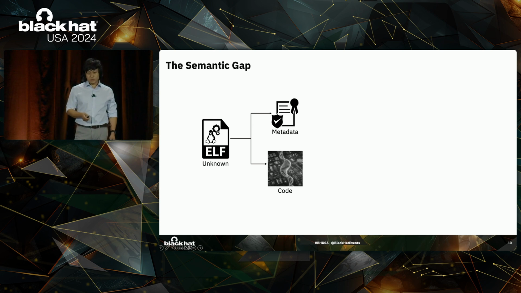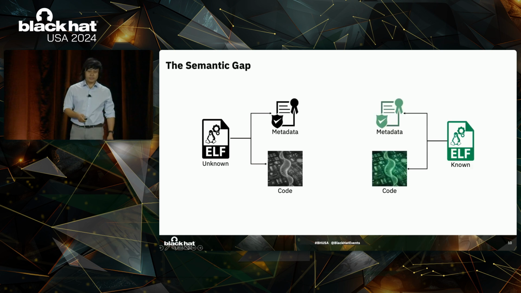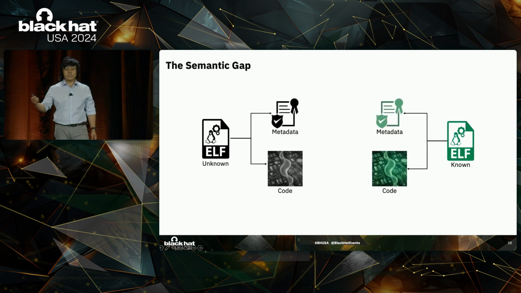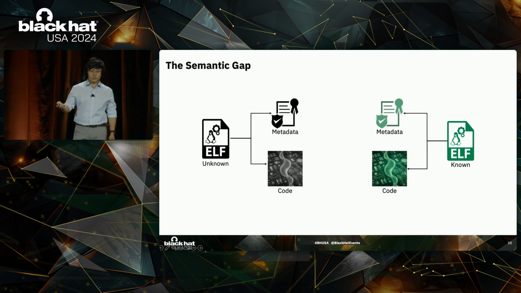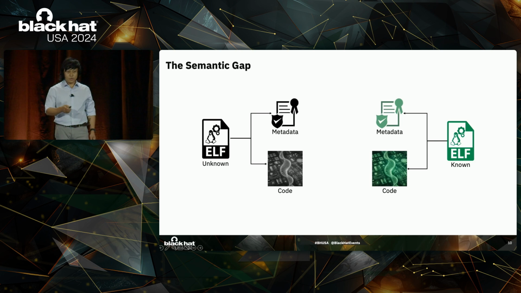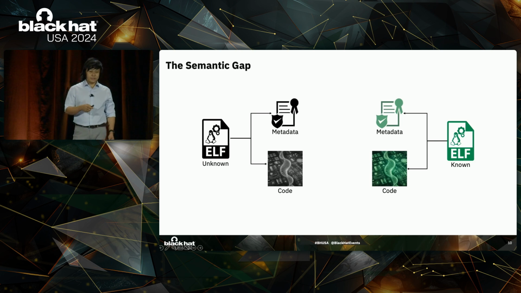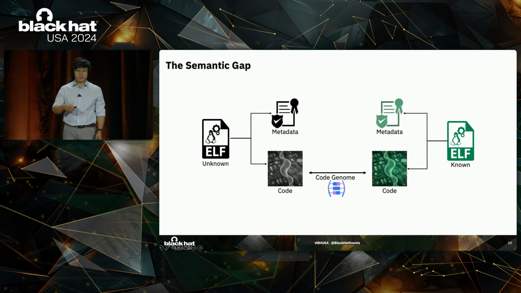And then what we're proposing is a differential analysis way of solving this issue. What I mean by that is, let's start from some good known state, maybe some previous version of the software that is known to be safe and the metadata is accurate. So what we're going to do is look into the code and whether their computational semantic is the same, right? So that's where the Code Genomes comes into action.